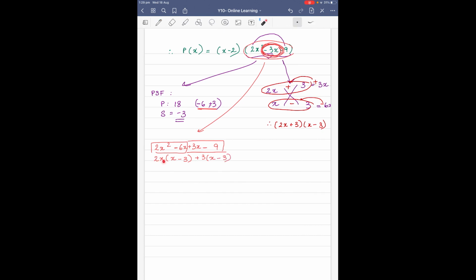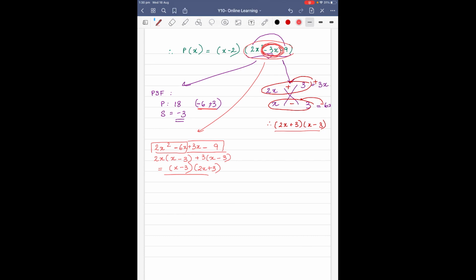Looking at both of these terms, we see that x minus 3 is the same in both of them. So we can factorize that out. If I take out x minus 3 from this term here, I'm left with 2x. And then in this term here, I have left positive 3, which turns out to be the same.